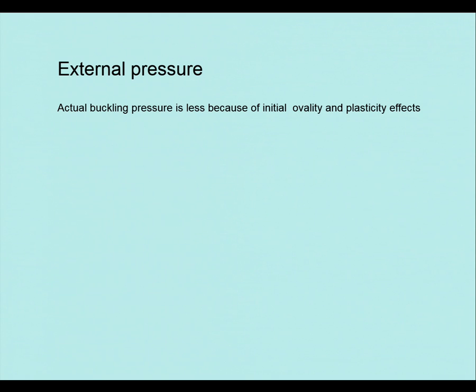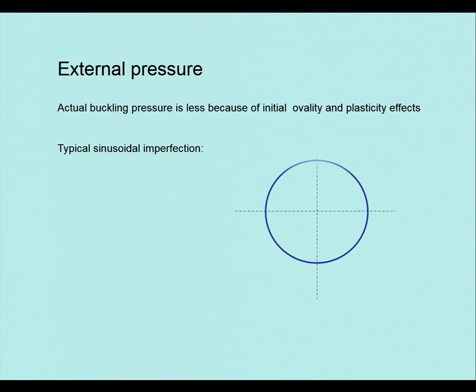It goes oval slightly. So you've now got buckling less because of initial ovality and plasticity effects. Typical sinusoidal imperfection. So if I start off with a round one, and this is the way it's done for convenience, perfectly round, and it goes elliptical.